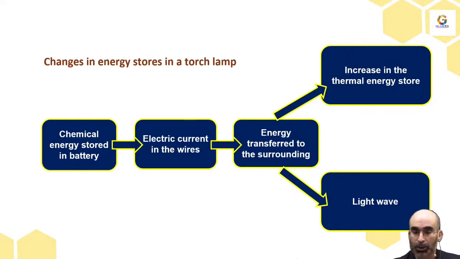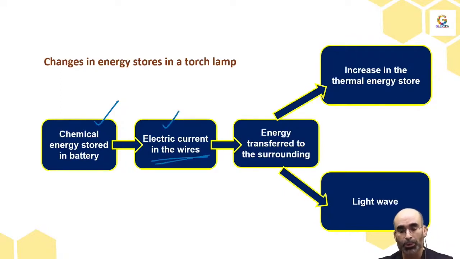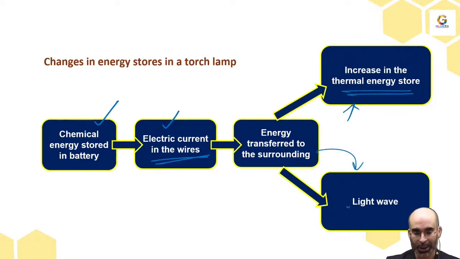So chemical energy stored in the battery is getting transferred in terms of electric current in the wires. Next, the energy is transferred to the surroundings in two ways: increase in the thermal energy store and light wave, right? Light wave. Okay.